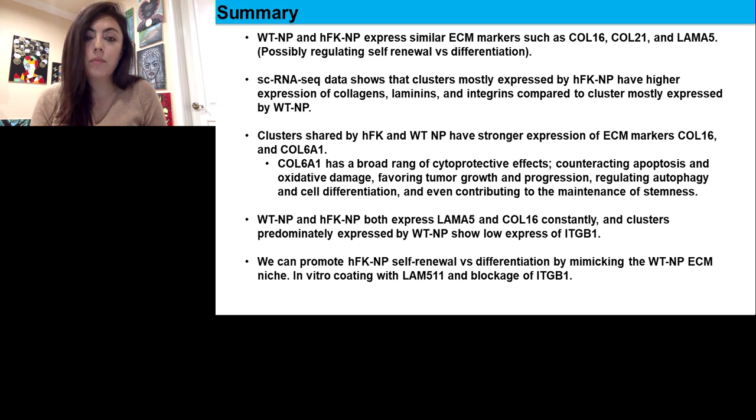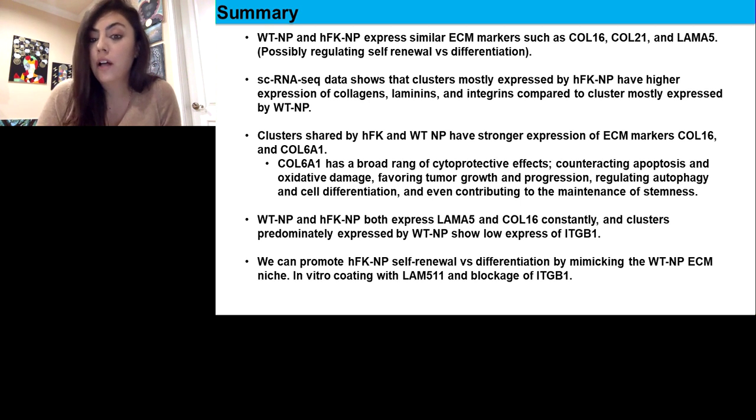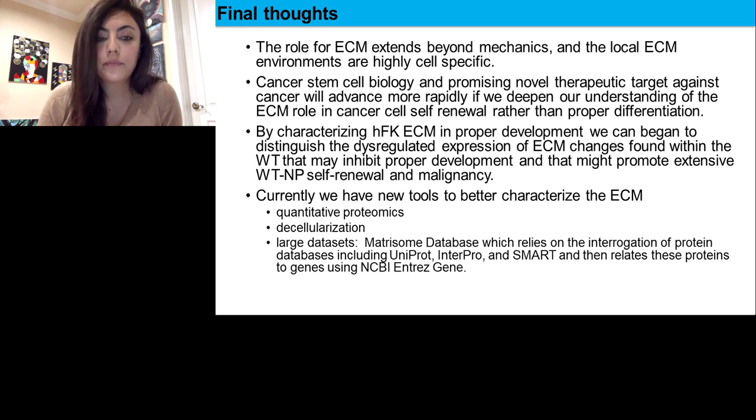So we find that we can promote in vitro human fetal nephron progenitor self-renewal versus their differentiation by mimicking the Wilms tumor nephron progenitor extracellular matrix niche by using in vitro coating of laminin 511 and blockage of integrin beta 1. And final thoughts are that we should consider that the role of the ECM extends beyond mechanics, and the local ECM environment is highly cell-specific.